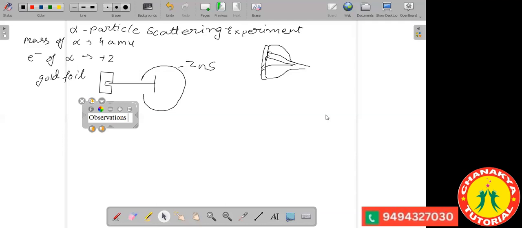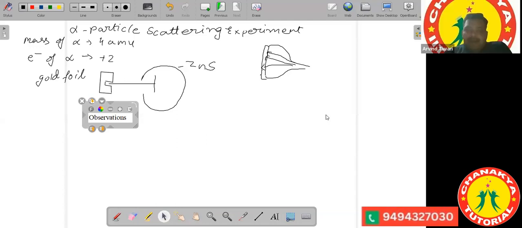Out of every 12,000 particles, at least one would rebound, and some would deflect slightly. That was a very good answer. Rikshit has given a very good answer for all the observations.